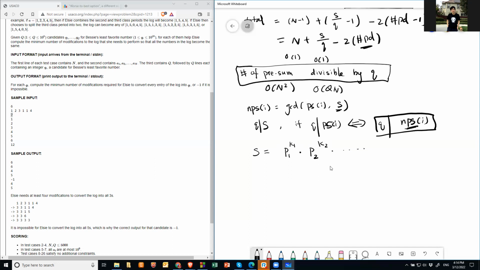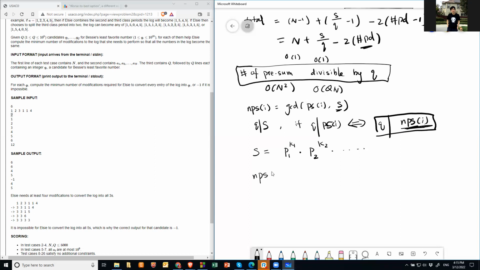Then the new pre-sum is divisible by Q, so the new pre-sum has to be some factor of this, right?